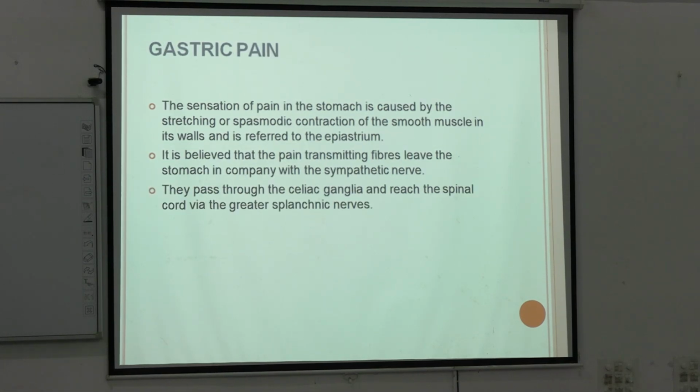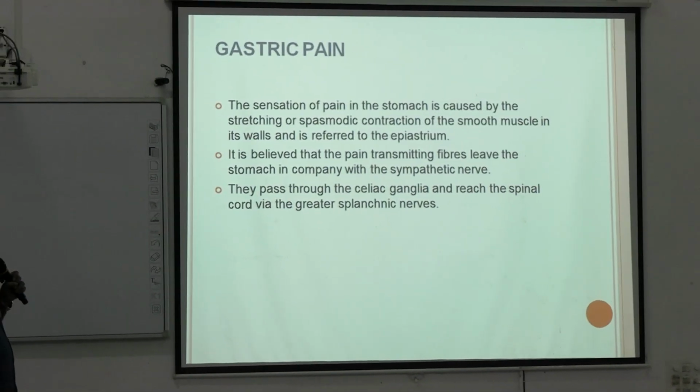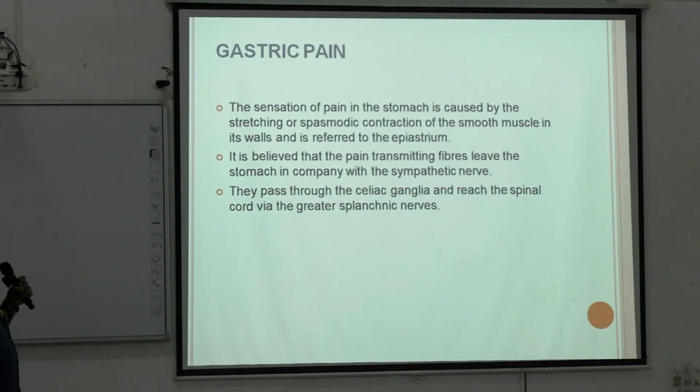Gastric pain: the sensation of pain in the stomach is caused by the stretching or spasmodic contraction of the smooth muscles in its walls and is referred to the epigastrium. It is believed that pain transmitting fibers leave the stomach in company with the sympathetic nerves. They pass through the celiac ganglion and reach the spinal cord by the greater splanchnic nerves.